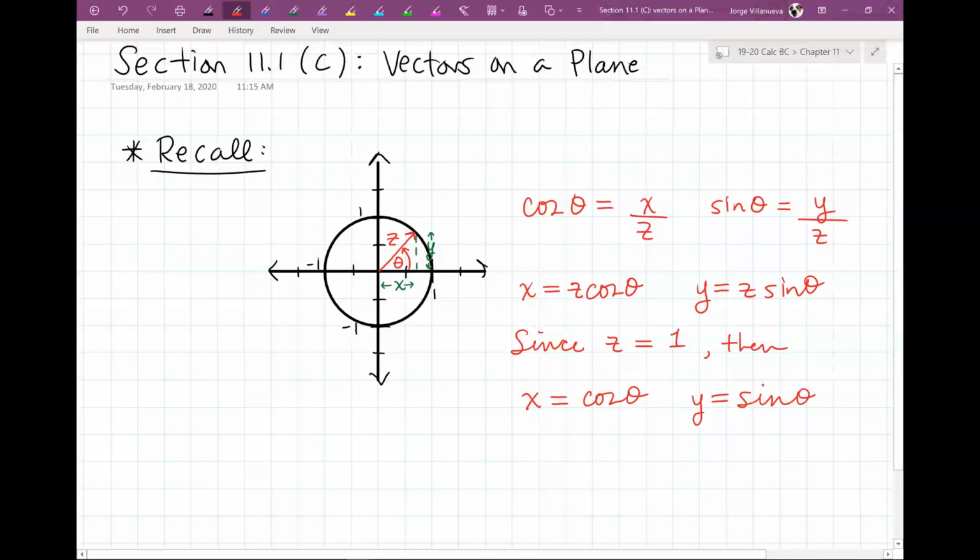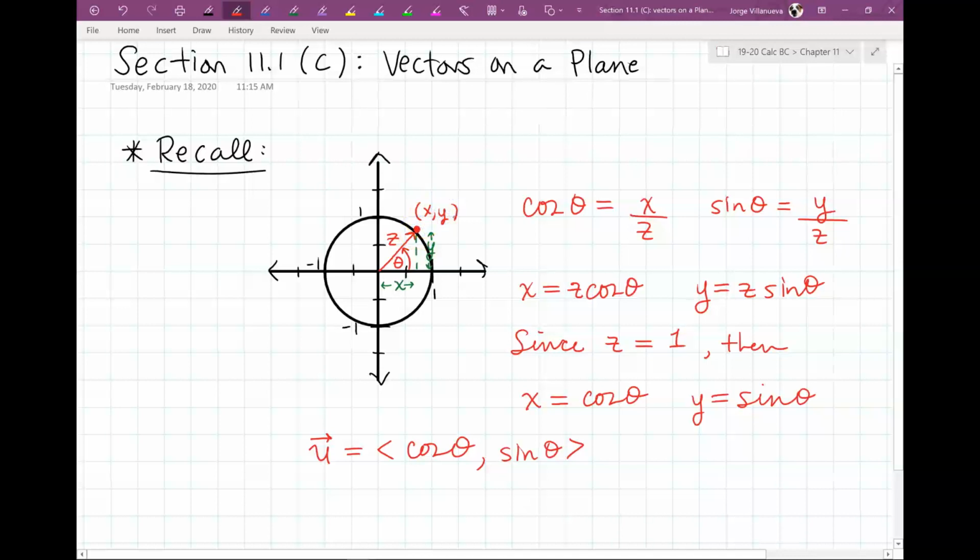So I can make a vector u and call it components x, y, right? I can call it cosine theta, sine theta. So I can create a vector u, and I'm going to make the components x comma y, or cosine theta, sine theta. Just so you know, that u would be our point, x, y.